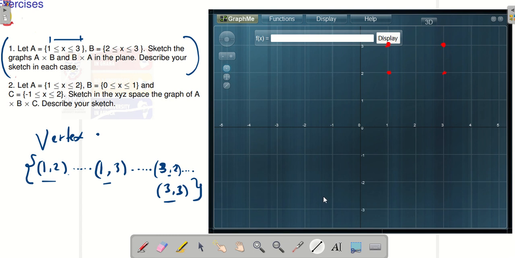So you realize that our graph will be this. That is going to be the graph. So this portion represents the Cartesian product of the given set.